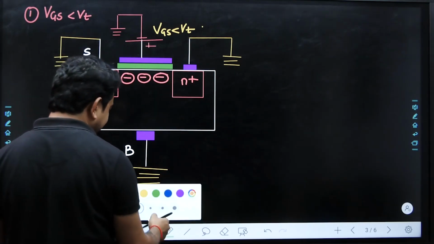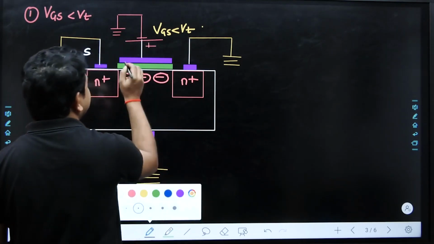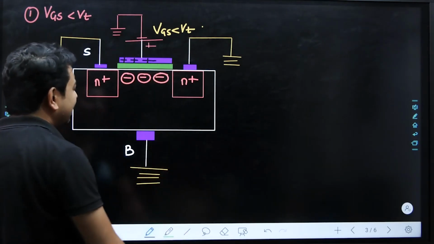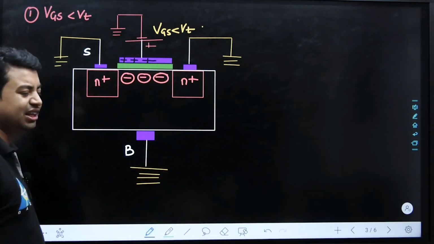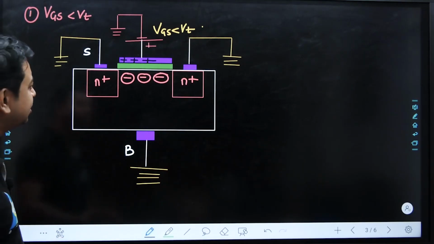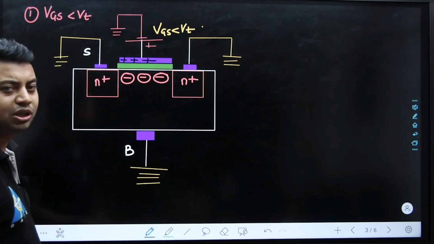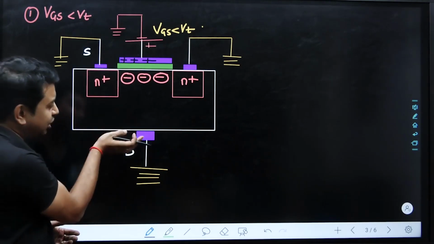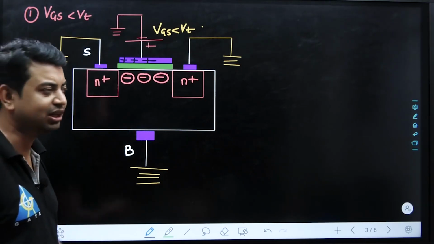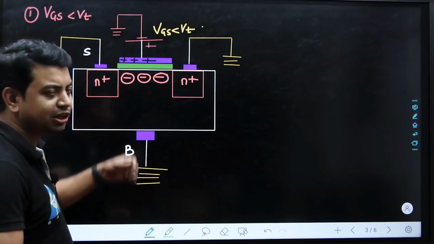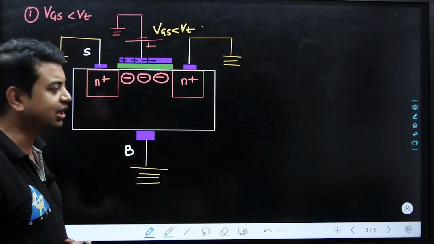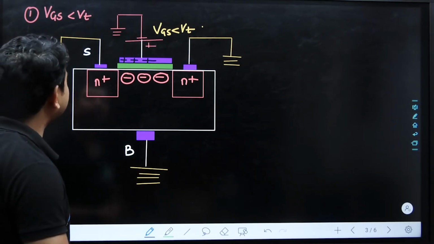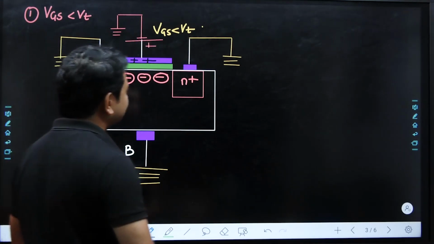Because we have applied a positive potential at the gate, and this positive potential will create a positive charge in the gate, and we have to take care that the capacitor should be happy, and the capacitor must create a positive charge on the gate or the metal electrode. Then definitely the corresponding negative charge should be present on the semiconductor. Then we are having an electric field, we are having a capacitor, and that can be seen here. This is when we are applying a potential at the gate terminal which is less than the threshold voltage.